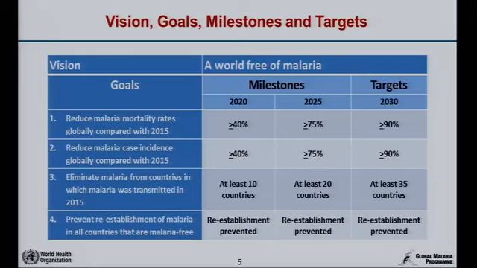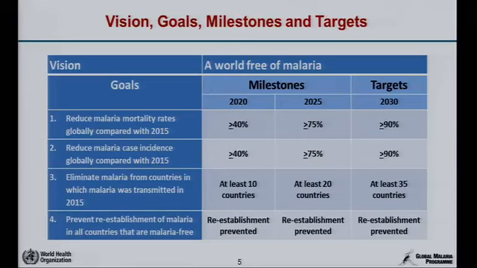The goals are four: to reduce malaria mortality rates globally compared with the 2015 baseline, to reduce malaria case incidence globally compared to the 2015 baseline data, to eliminate malaria, interrupting transmission, in new countries moving forward from 2015. And the fourth one, the prevention of the reestablishment of malaria in countries that have achieved a malaria-free status.